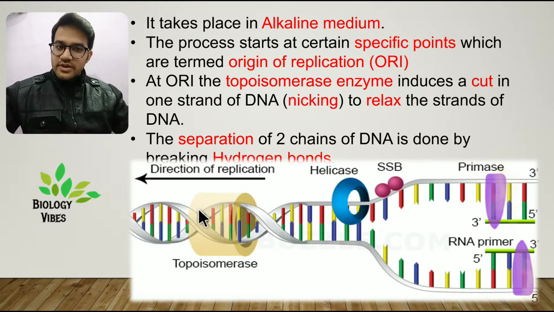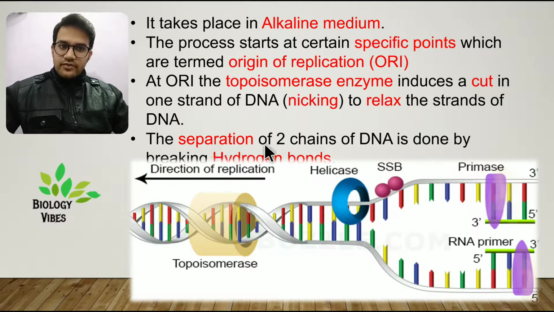So the topoisomerase enzyme cuts that one strand of DNA and then relaxes the strand so that DNA damage does not occur. If a supercoiled structure is opening, it will cause some strain at this region, and this topoisomerase enzyme works to reduce the stress.